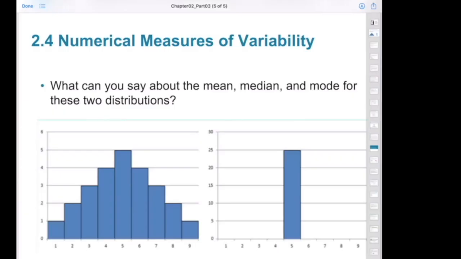But the one on the right is more consistent. Most of the data are close to each other. So, as I said to you, you don't just need the center of the data, you also need to know the variation of the data, so you can describe the distribution completely, right, okay?